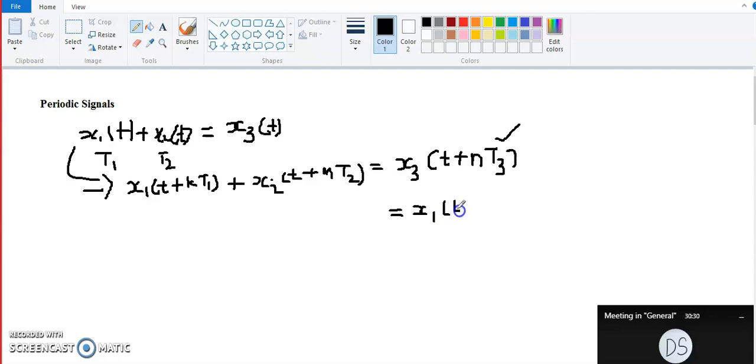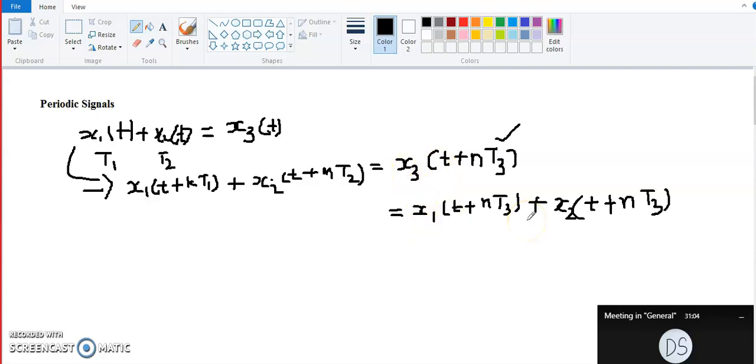It should follow this thing also, because x3(t) is the sum of x1(t) and x2(t).